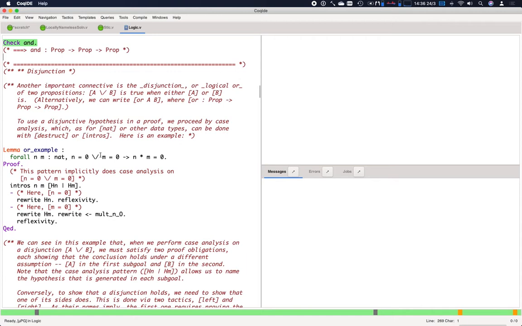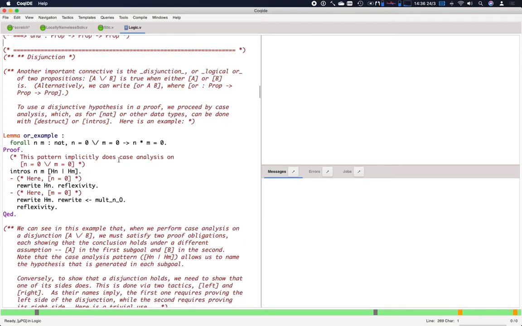So by analogy to the AND, you use the backslash and then the forward slash to make it look like an OR symbol in mathematics. And we can prove things like this where we know that n is 0 or m is 0. The theorem above was we knew both of them were 0, but here we really only need to know that one of them is 0 to know that the product is 0.